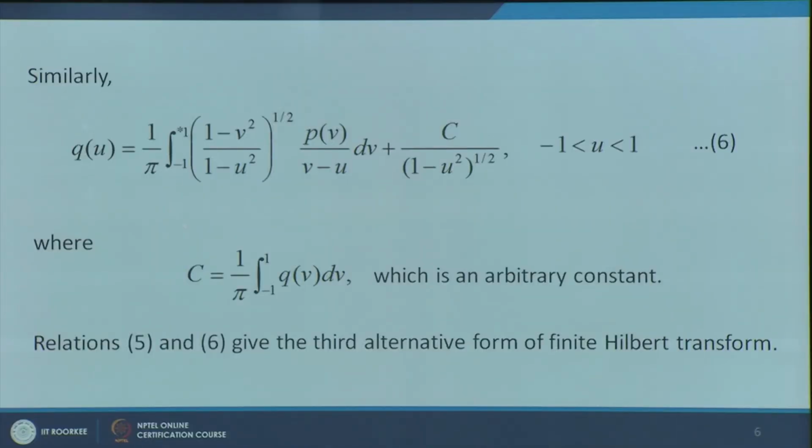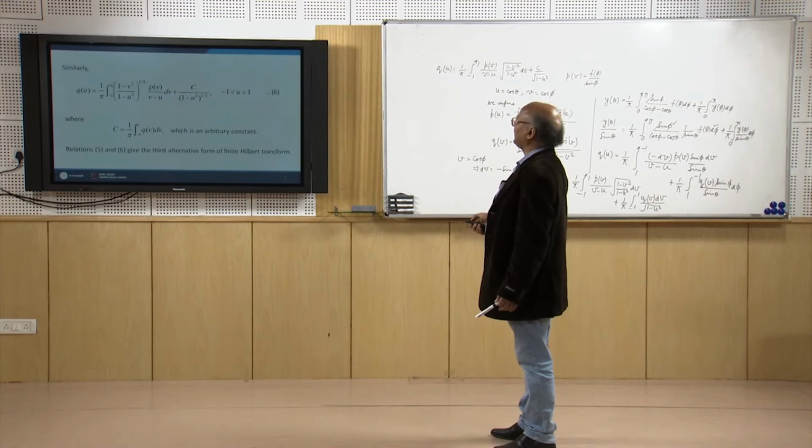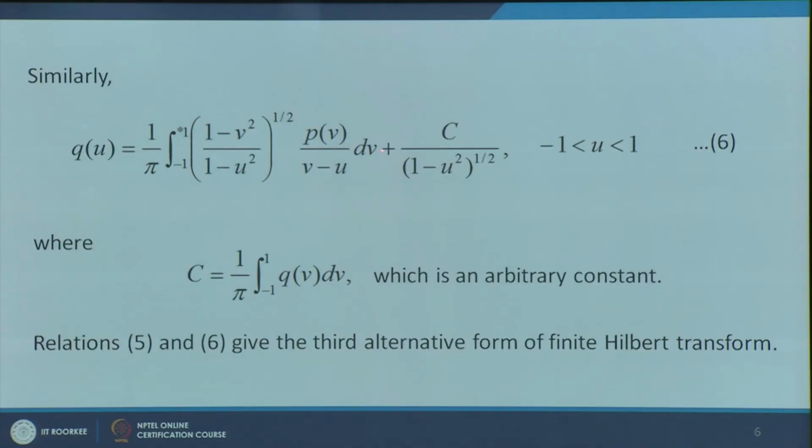So Qu is equal to 1 over pi, integral from minus 1 to 1, square root of 1 minus b square upon 1 minus u square, Pb upon b minus u, db, and then c upon square root of 1 minus u square. c is given by this expression, which is an arbitrary constant.